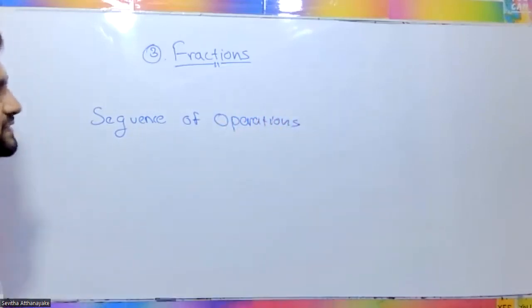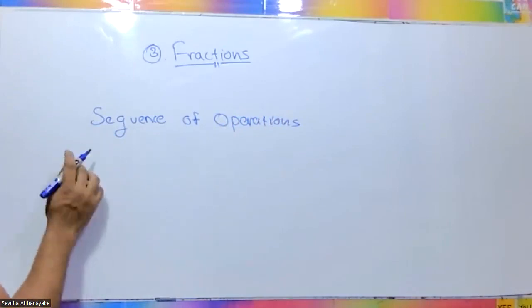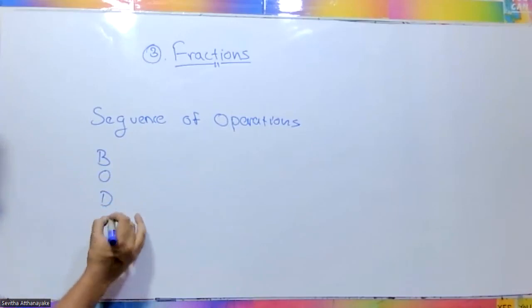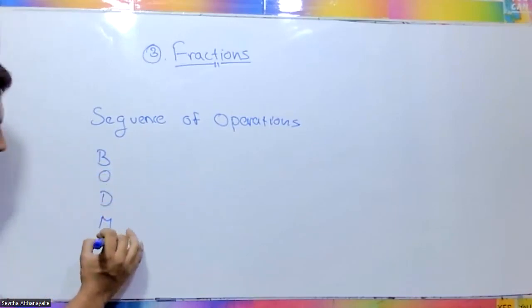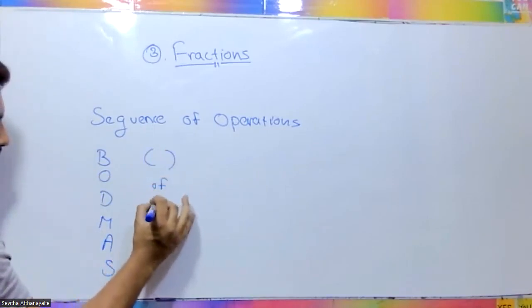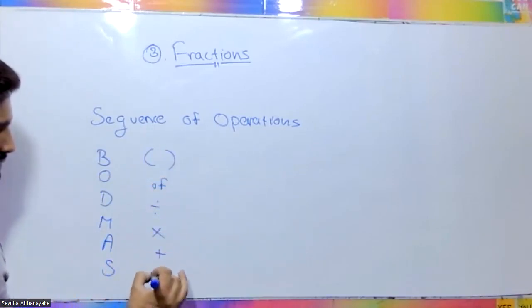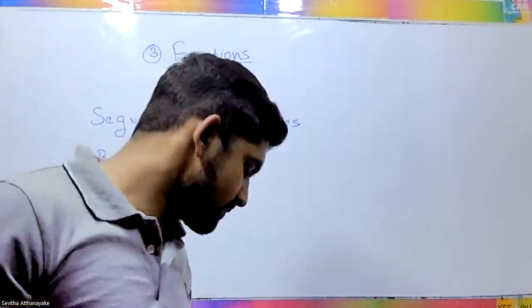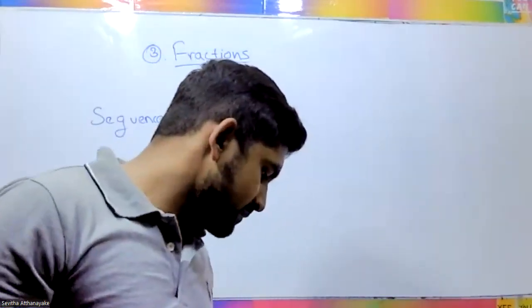We have something called sequence of operations. Now you should remember the BODMAS. Brackets, of, division, multiplication, addition, subtraction. Okay. Let's take an example.